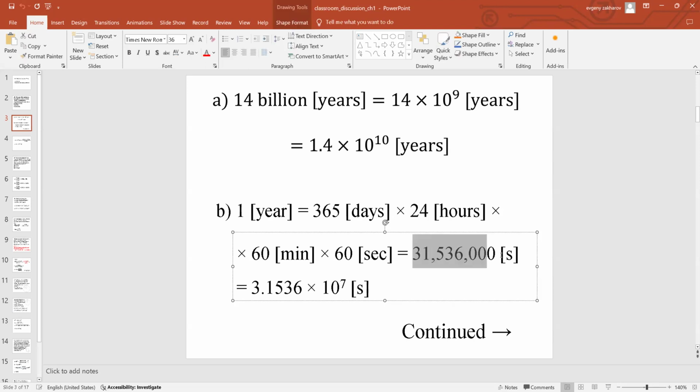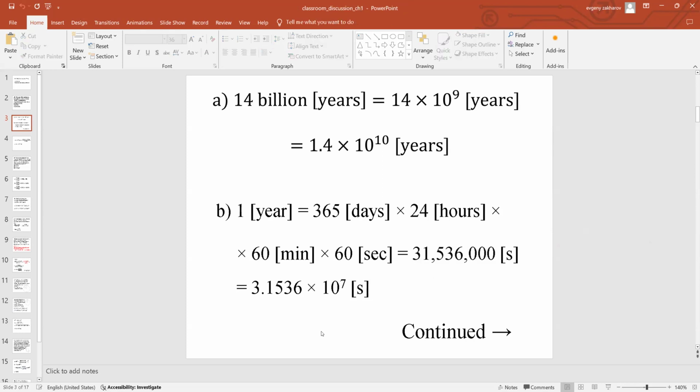And converting this to scientific notation, you move the decimal, and instead of 31 million, you get 3.1, and then the change, and it's times 10 to the power of 7. So you take this number, multiply by 10 seven times, you should be getting this value.